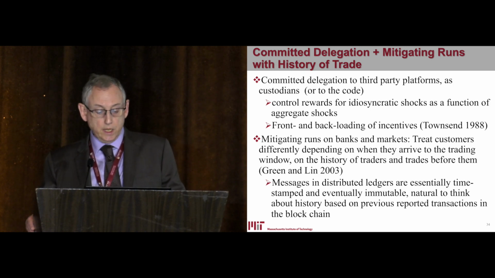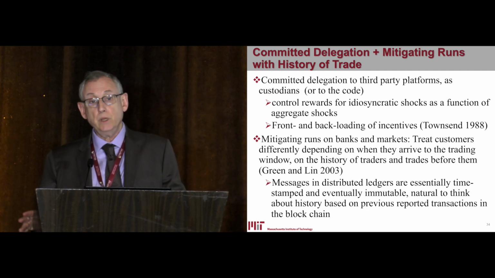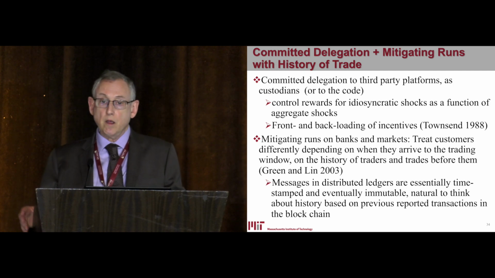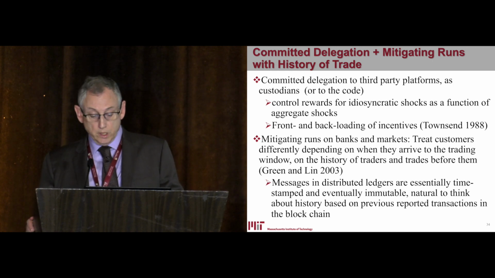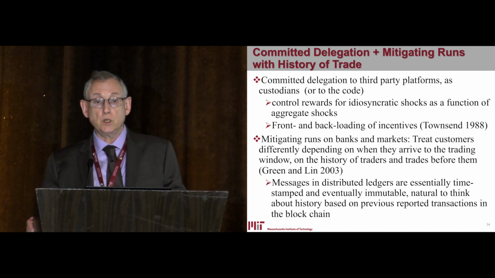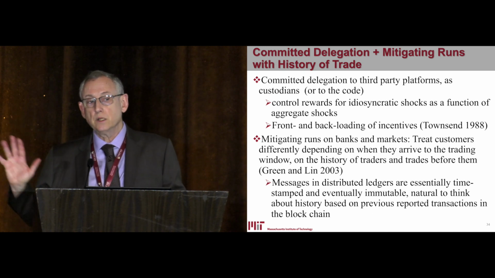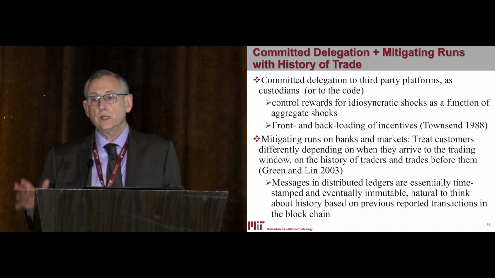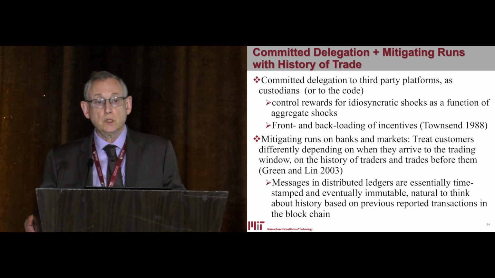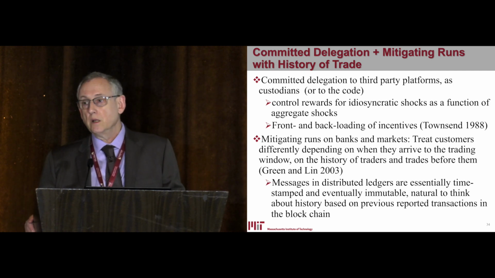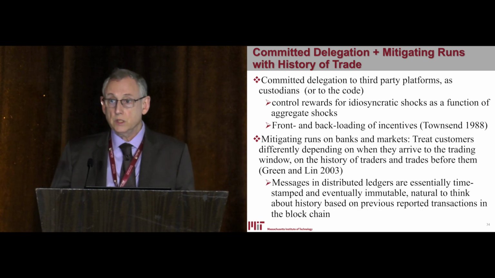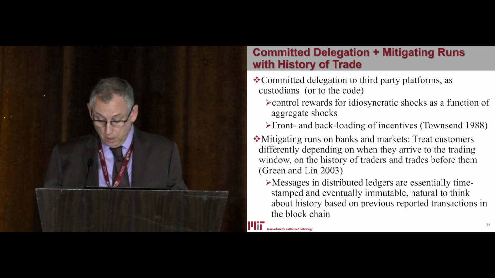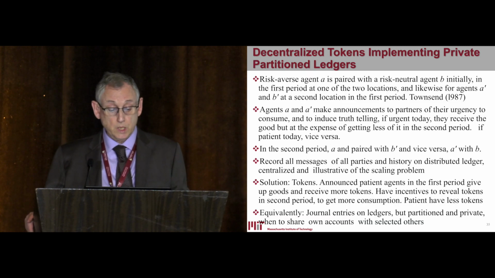And likewise, mitigating runs on banks and markets, as in Green and Lin, that can be done with distributed ledgers because they are essentially time-stamped and eventually immutable, so there's a history of the previously reported transactions on the blockchain. So all these ideas are from the mechanism design literature, some not so recent, that are out there and actually could be implemented on these ledgers. And things like bank runs are, of course, and runs on markets are a big problem.